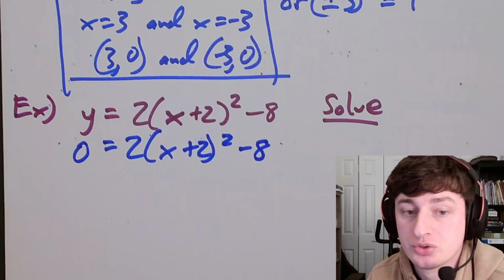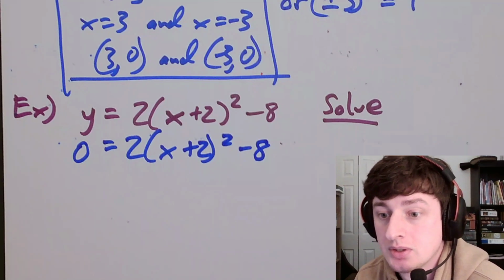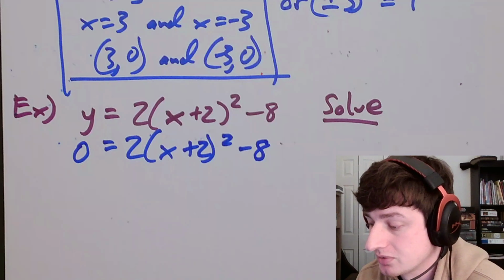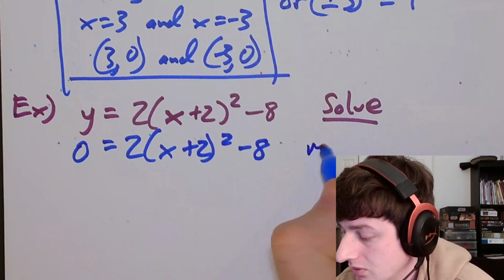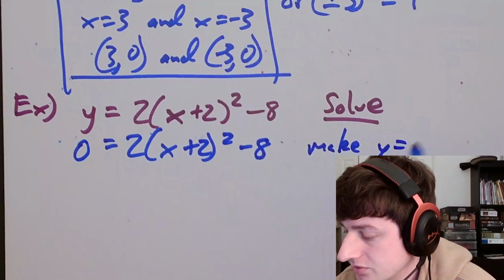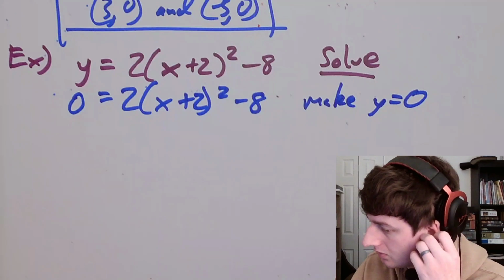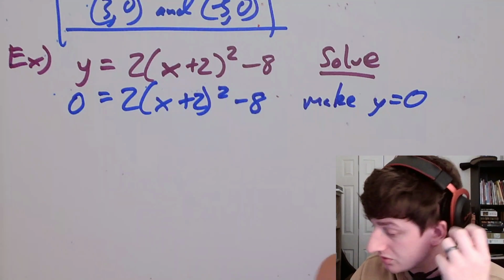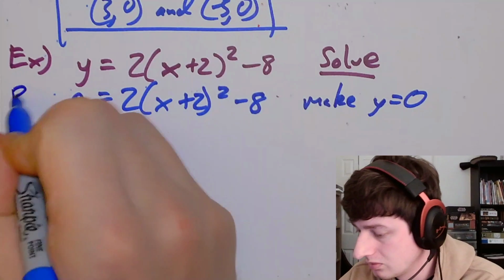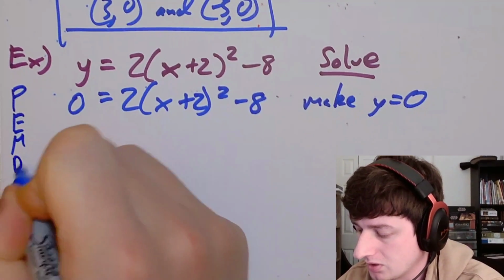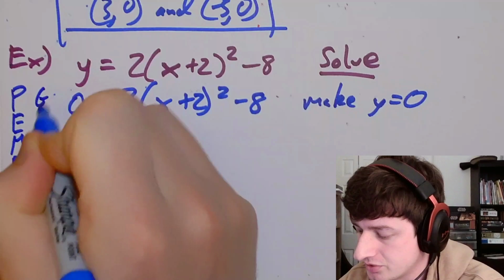So now we're going to do our inverse operations using PEMDAS or GEMS to solve. So first step is make y 0. And then we use PEMDAS or GEMS.